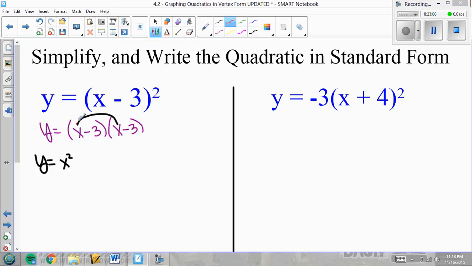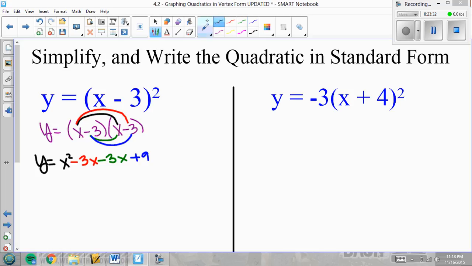Then we take that x to the second term inside the parentheses. So x times negative 3, so negative 3x. That took care of both terms. So now I'm going to take my negative 3 times x, negative 3x, and take that negative 3 to the last term. Negative 3 times negative 3 is positive 9.